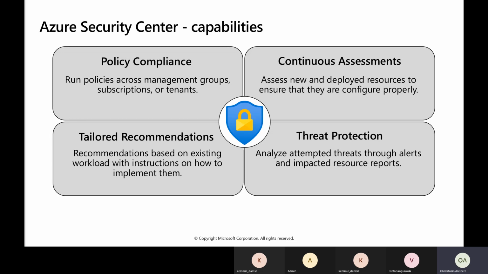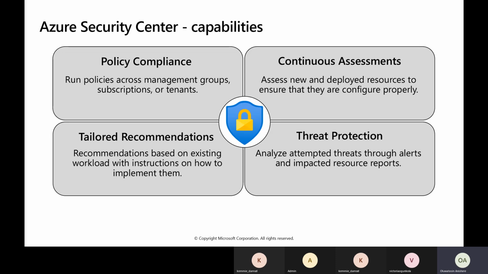So when you're using the Azure Security Center, there's usually a need, or there's a recommendation for you to have a policy. By default, when you have this Azure Security Center, all prevention policies are turned on by default.